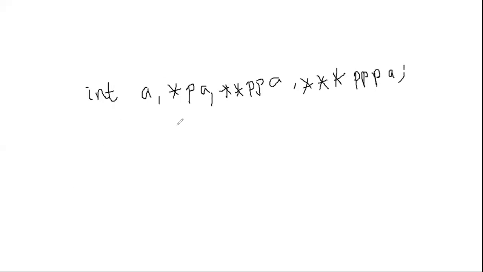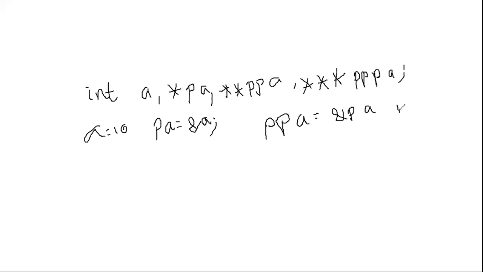For example, A = 10. In PA, you can store the address of A. In PPA, you can store the address of PA. In TriplePA, the address it can store is that of PPA.